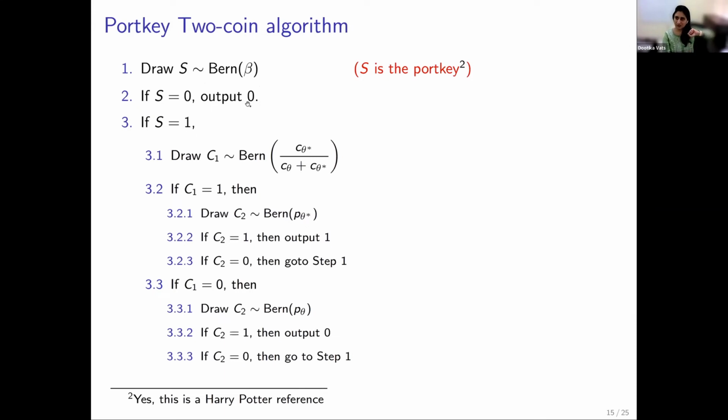So it basically allows us to immediately reject a bad proposal that would otherwise have us get stuck in very, very long loops, right? Which is really what happens in our original Two-coin algorithm. So basically, this Bernoulli random variable S allows us to exit out of a bad situation at various points. And hence, if you were familiar with Harry Potter, Portkey is indeed a Harry Potter reference of being able to exit out of a situation.